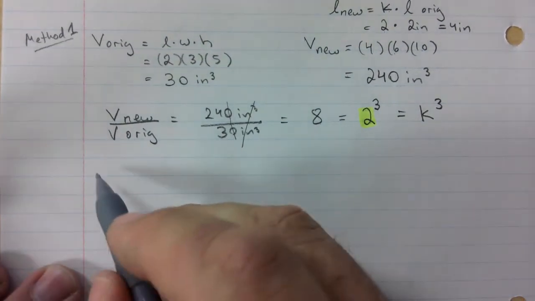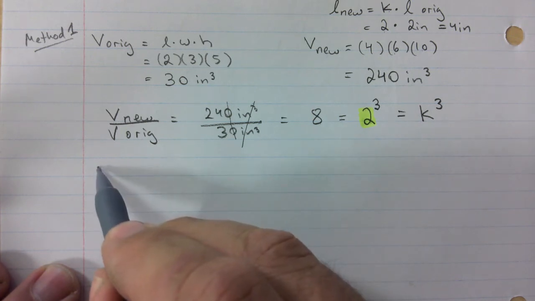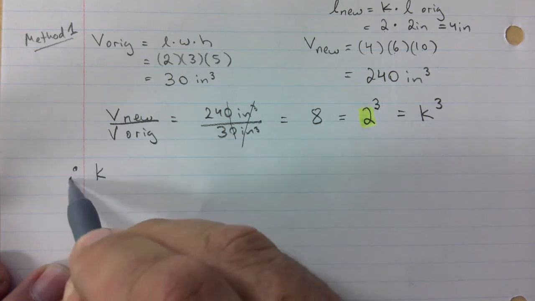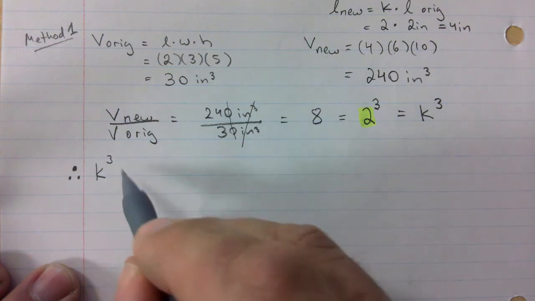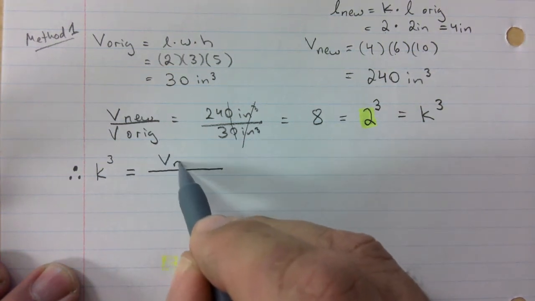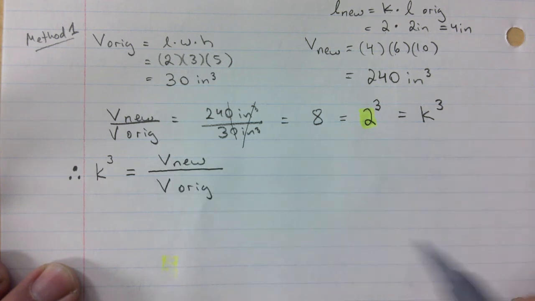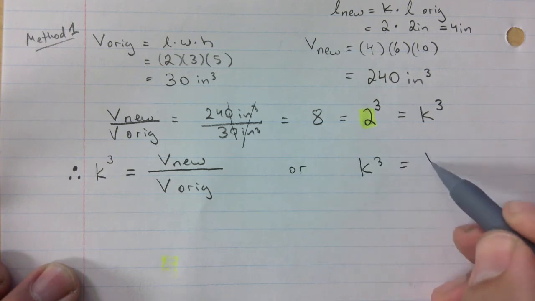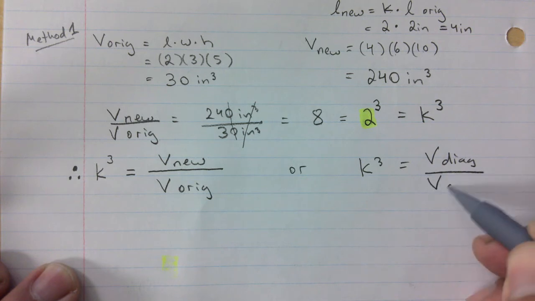Okay, so here we go. I will give you formulas. K cubed, therefore, the 3 dots is "therefore", if you've never seen that before. K cubed is volume of new over volume of original, or K cubed is volume of diagram over volume of actual.